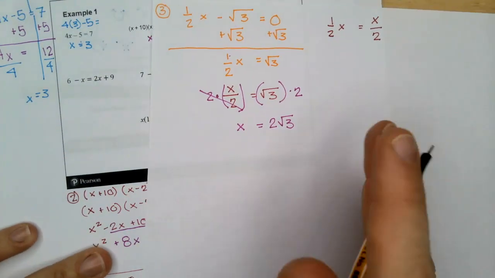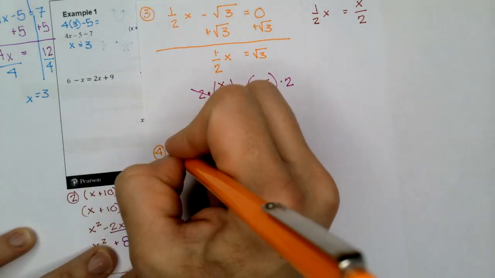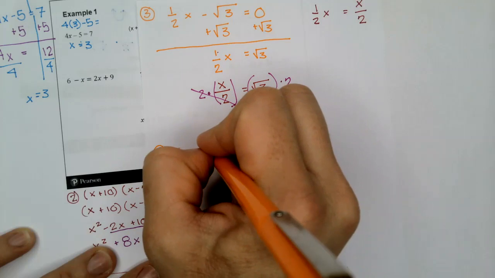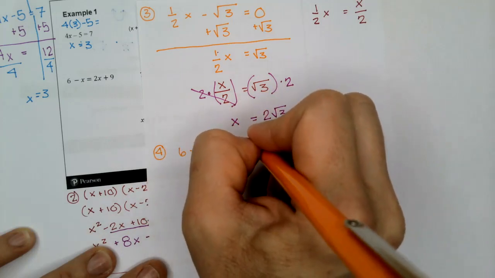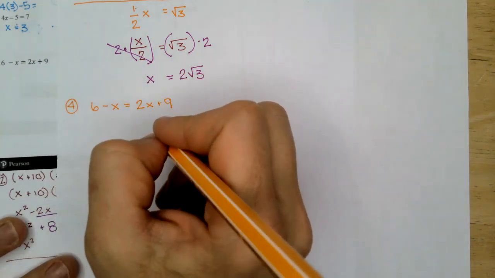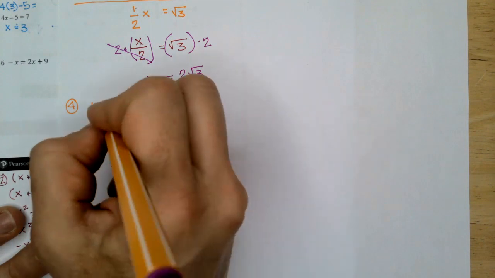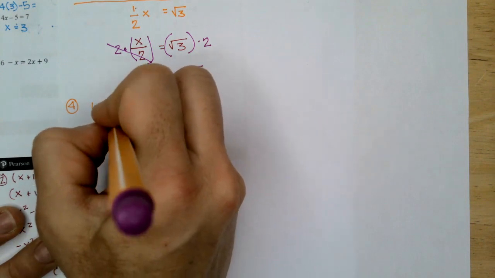Now I have, for number 4, 6 minus x equals 2x plus 9. Again, move the variables to one side, the constants to the other. I don't like my variable being negative, so I'm going to move this negative x.